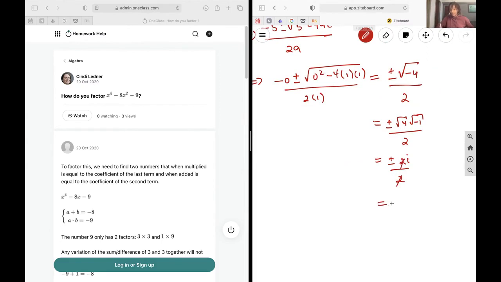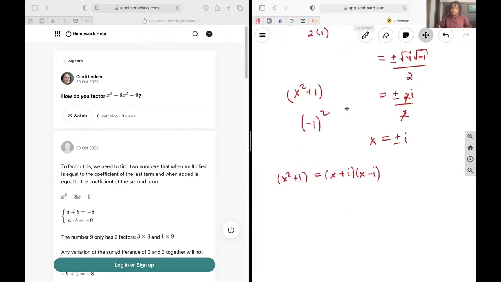The 2's cancel, leaving plus or minus i is equal to my x in the case of x squared plus 1. And so this means that x squared plus 1 is the same thing as x plus i, x minus i. So yes, it's technically a difference of squares, but your second number is negative 1 squared is another way to look at it.